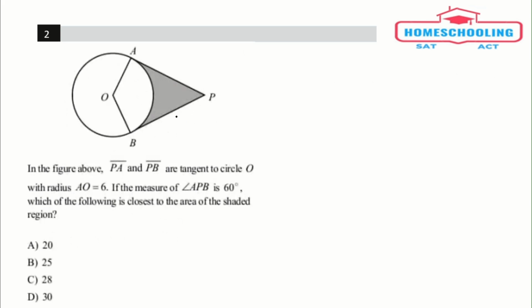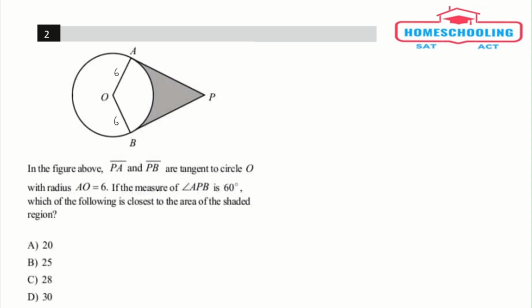This is a little tricky question. In the figure above, PA and PB are tangents to the circle with center O, and the radius AO is 6. If this is 6, then this one is also 6.